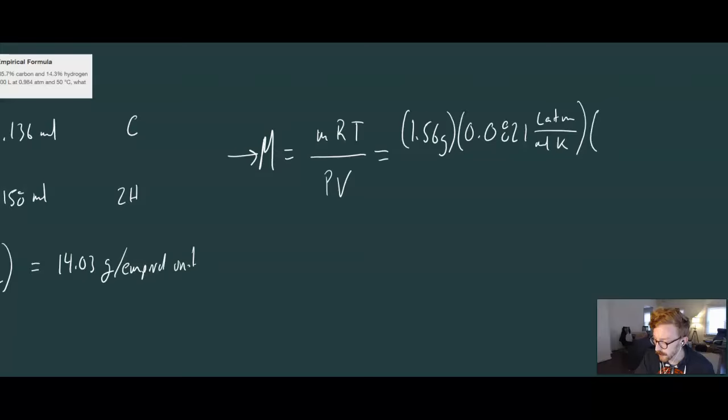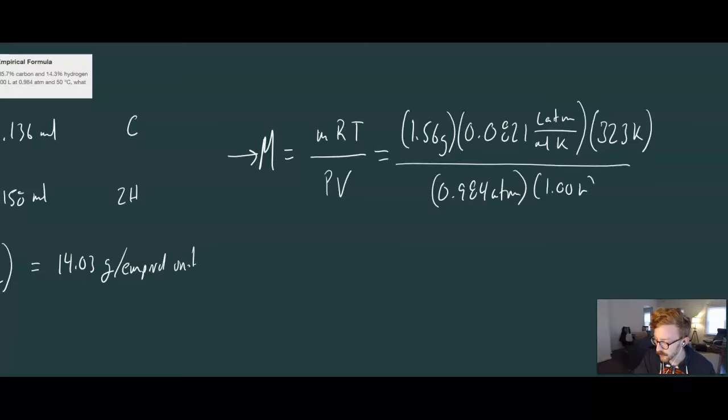And the temperature is going to be 50 degrees Celsius plus 273, which gives us 323 Kelvin. We cannot leave it in degrees Celsius. The pressure is 0.984 atmospheres, and the volume was 1.00 liters.